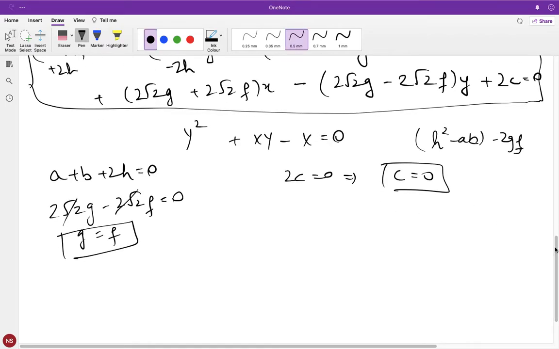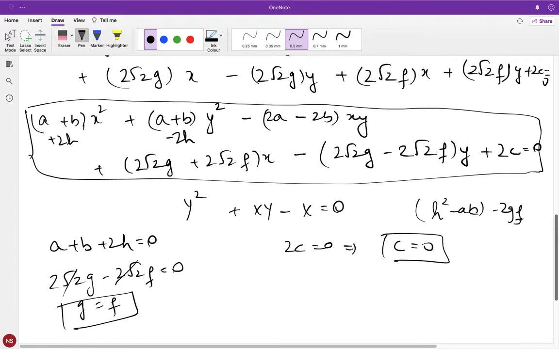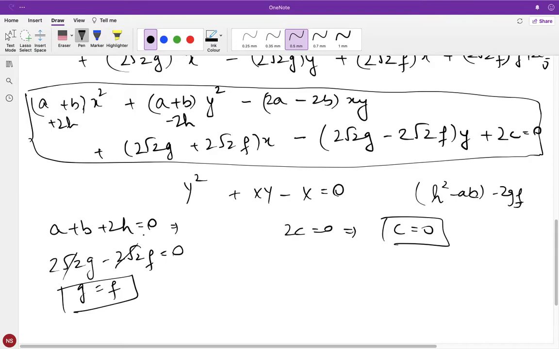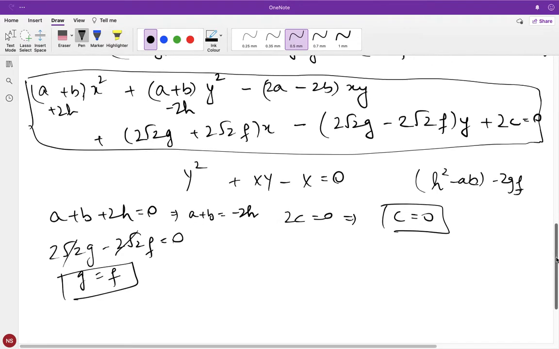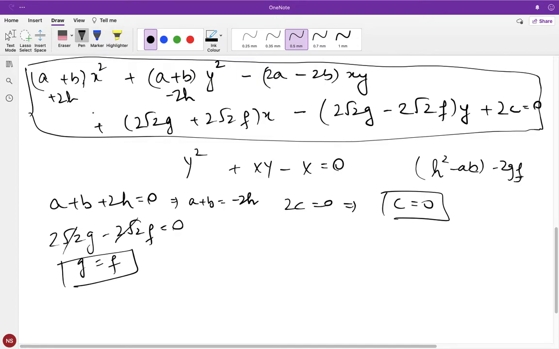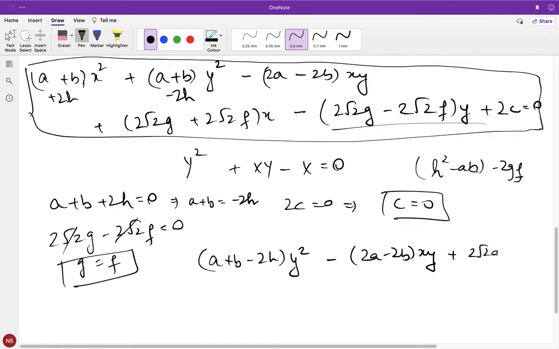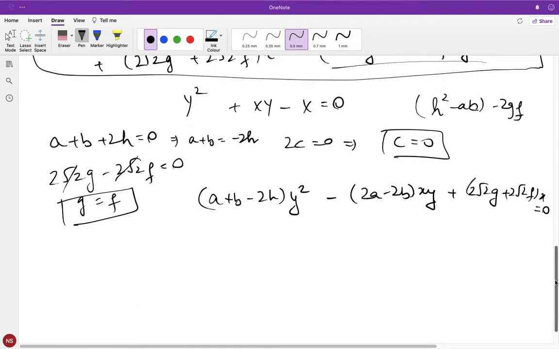So my equation which I have written above, a plus b is equal to 2h, that means a plus b is equal to minus 2h. So this equation, x square coefficient is 0, so I am not going to write it. a plus b minus 2h y square minus 2a minus 2b xy, all of this is 0, plus 2 root 2 g plus 2 root 2 f x is equal to 0.